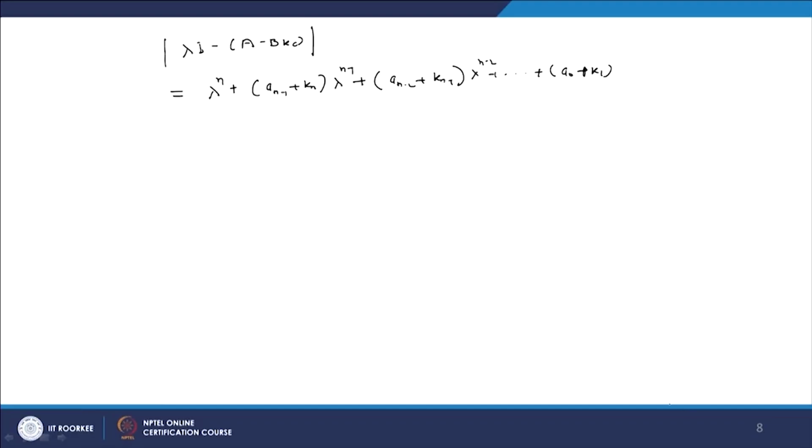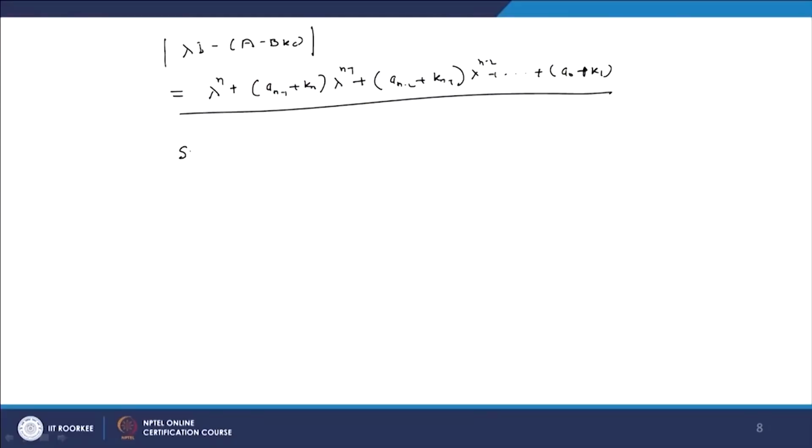Now, this is the equation we want. Here we know the original system matrix A, but we do not know K1, K2 up to Kn. So, we need to calculate them. How do we get them? In this case we have to decide where we want to place the poles.